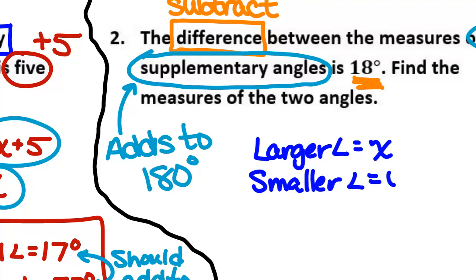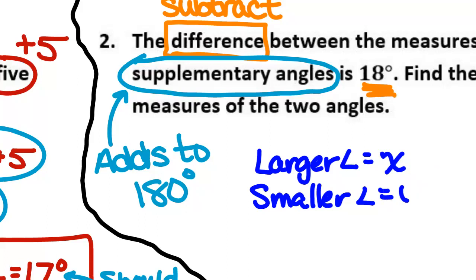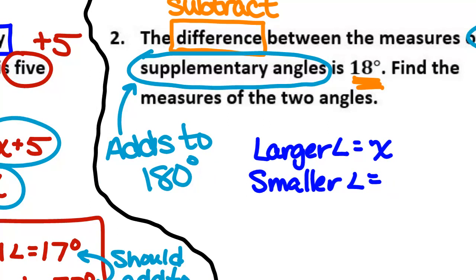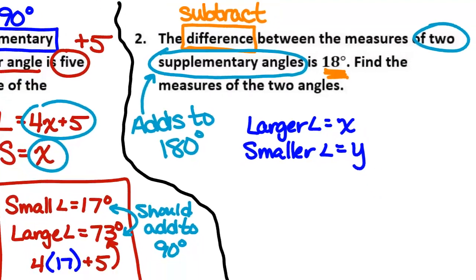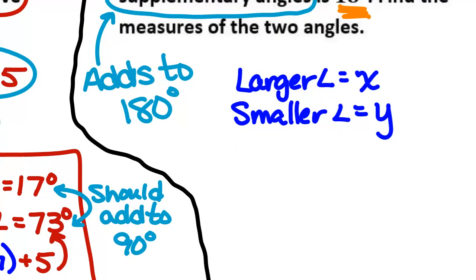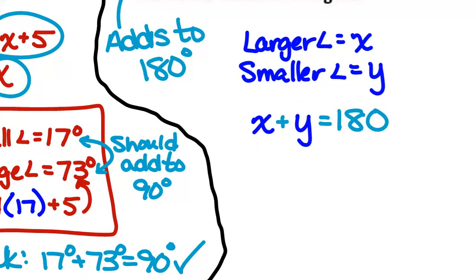I don't know how big either one of these is. But we know they're supplementary. So X plus Y equals 180. And their difference, X minus Y, equals 18.